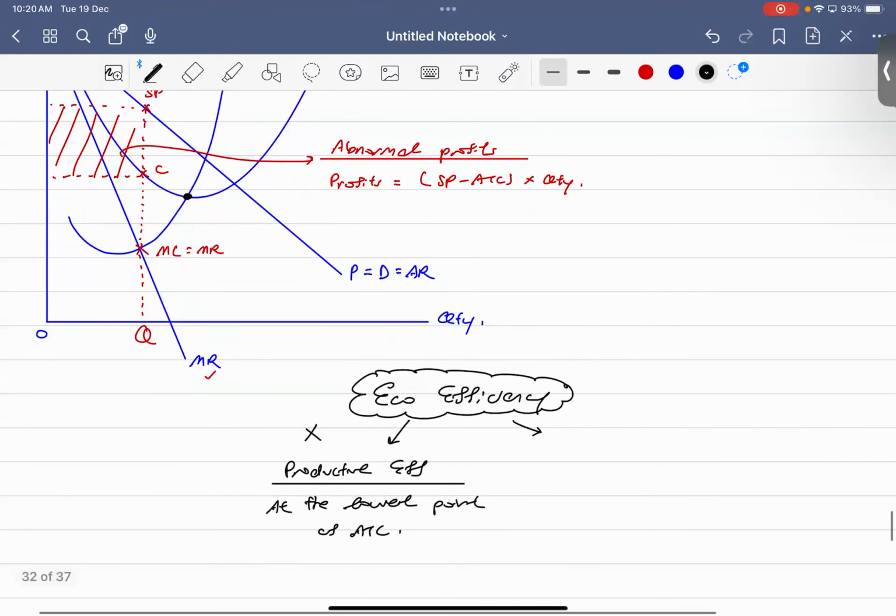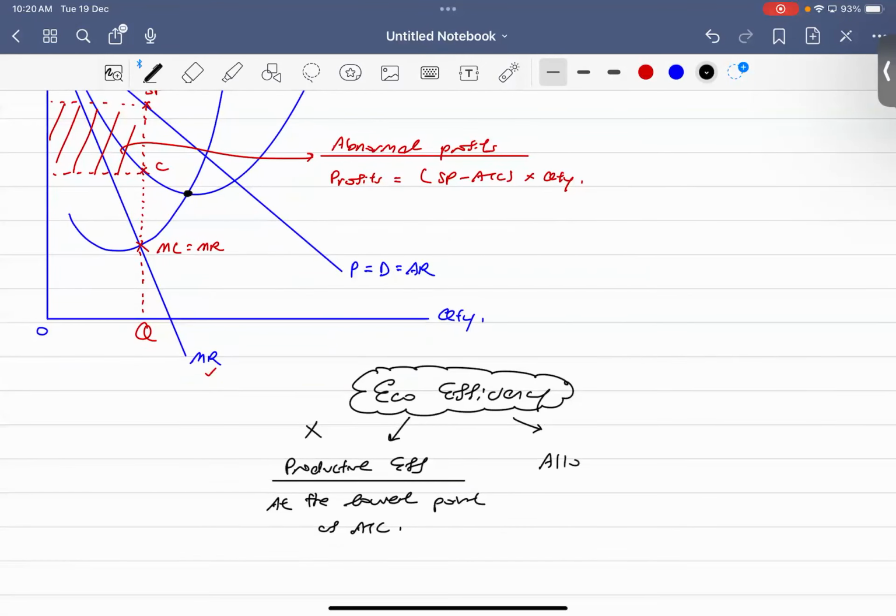Another requirement is to achieve allocative efficiency. That means they produce up to the most of the goods and services that satisfy the wants or desires of the consumers. So here we look at the indicator in which price equals marginal cost, because price represents marginal benefit.